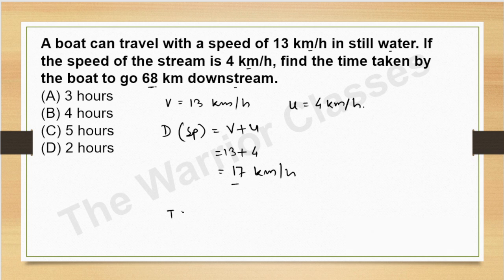So the time will be distance divided by speed. So distance here is 68 and speed 17, and 17 times 4 is 68. So the answer will be 4 hours. Option number B, 4 hours, is our answer.